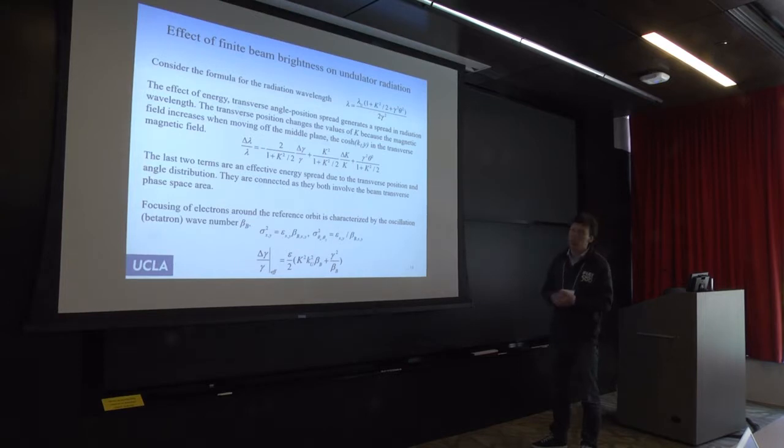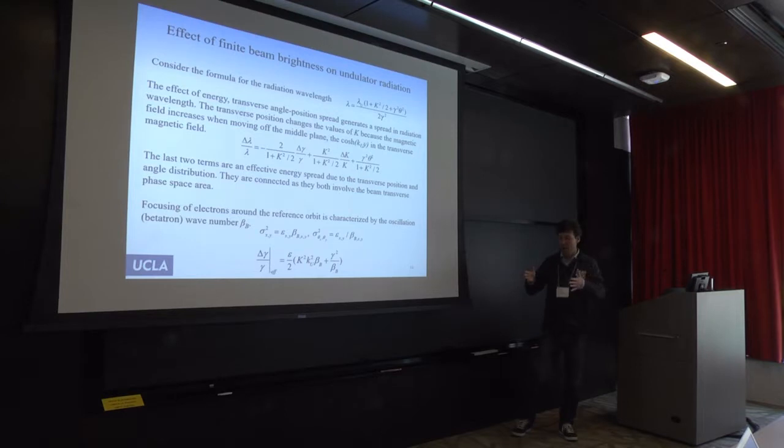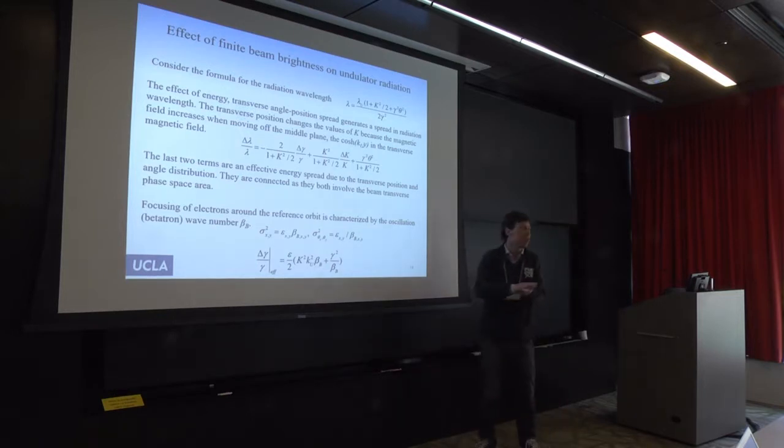You can see that the wavelength of the emitted radiation will depend, of course, on the particle energy, gamma, on the magnetic field felt by the particle, K, and on the angle that the particle is going through. Now, in an electron beam, electrons do not have all the same energy, of course. They're not always in the same position, and they have a spread in angle. So in fact, this will generate a spread in the radiation wavelength.